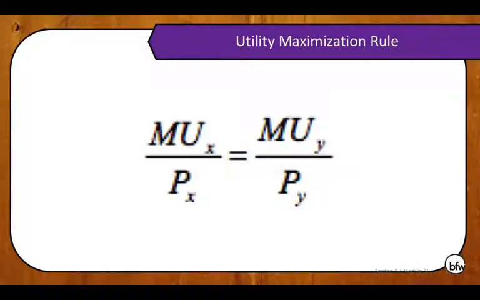Okay, so now this is the formula. So to maximize utility, the marginal utility of one good divided by the price of that good must be equal to the marginal utility of another good divided by the price of that good. And that is the combination of those two goods that will maximize our utility.